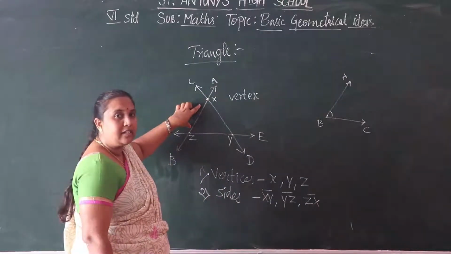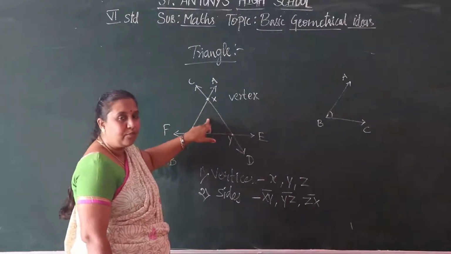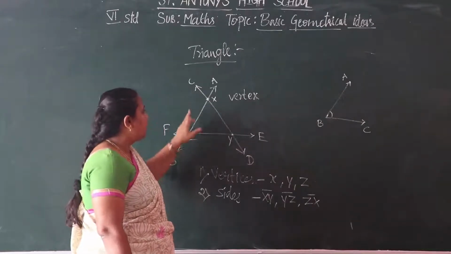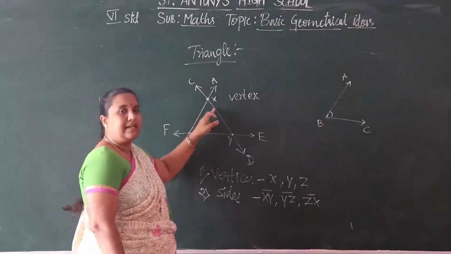Three line segments joined at their ends form a triangle. What are those three line segments? XY, YZ and ZX.